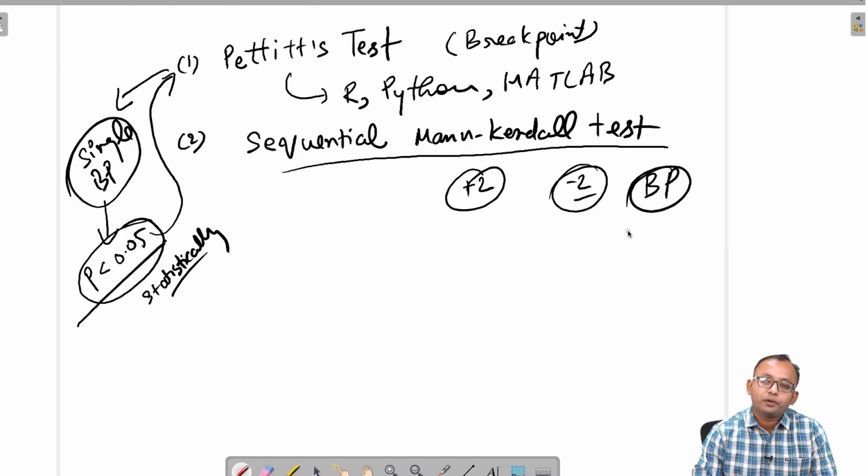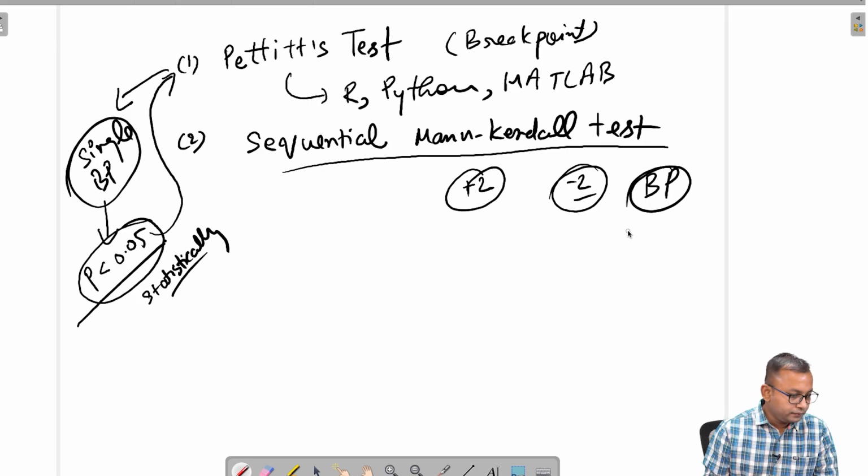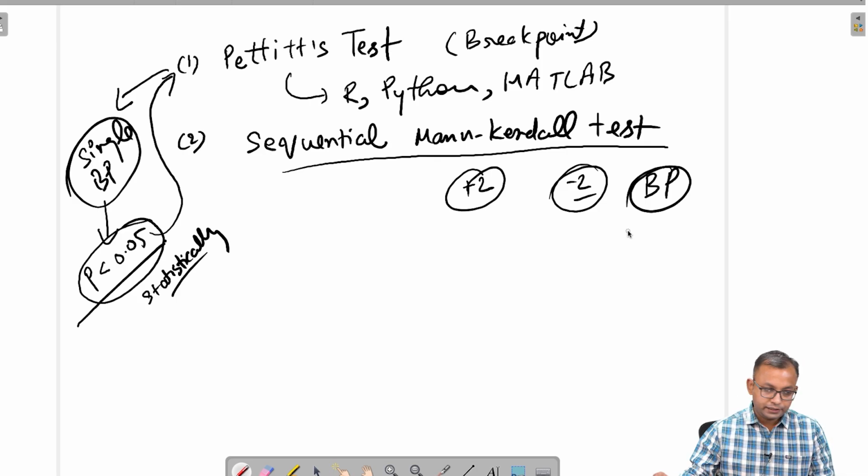Therefore, we should know before applying any kind of extreme value distribution where we have breakpoints, where we have shifts in the data set, and then based on that we can split the data set into two parts, do some sort of frequency analysis or statistical analysis, and compare these data sets. That will give us better insight.